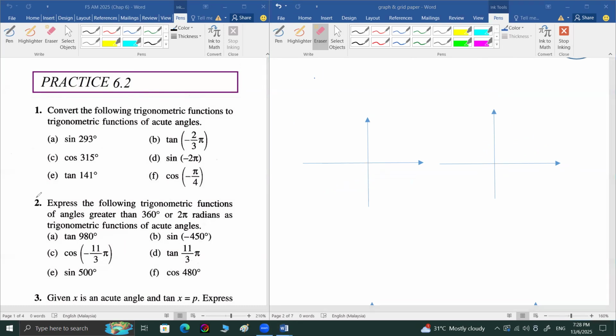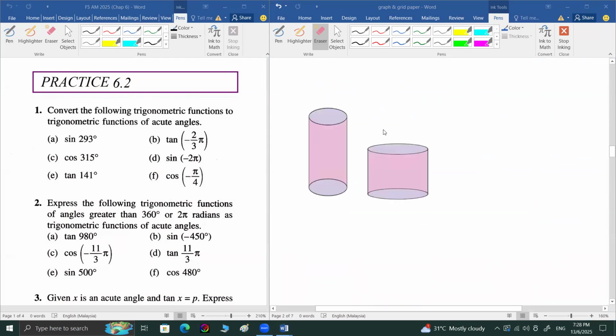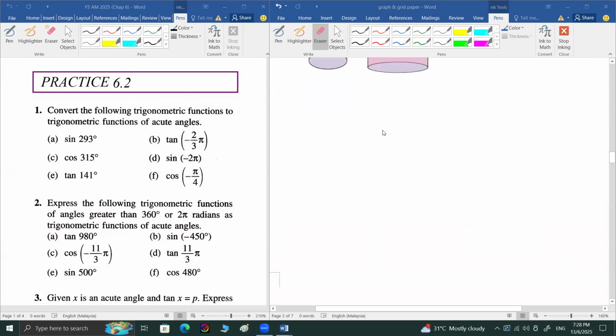For mathematics, again, I do some revision with you before I continue. I hope you still remember this, ASTC. This part is more or less the same. And here, alpha means corresponding reference angle.